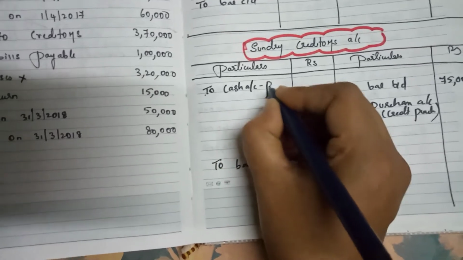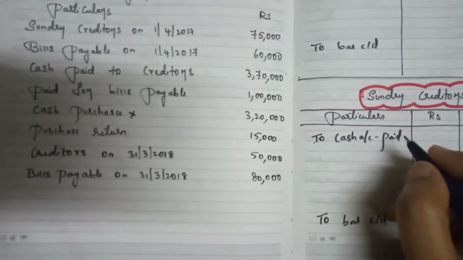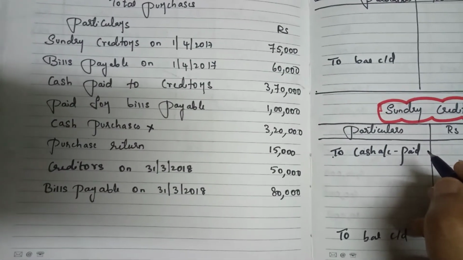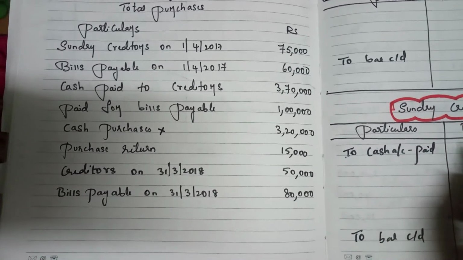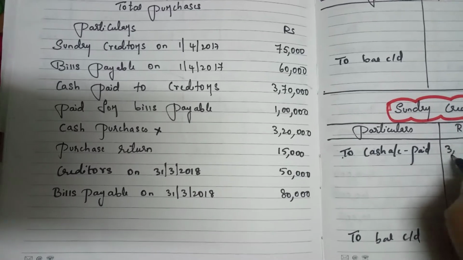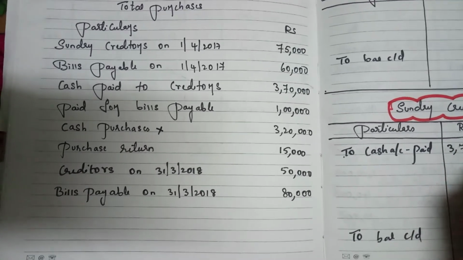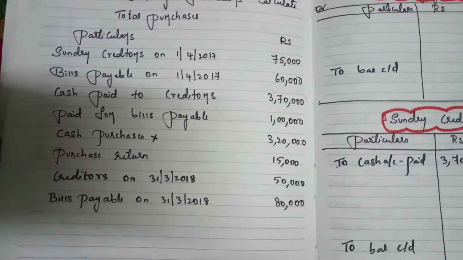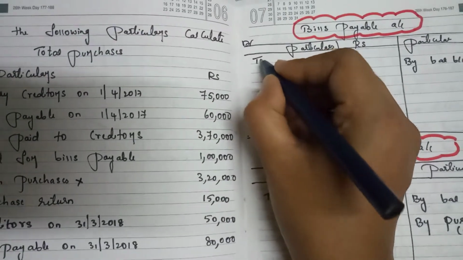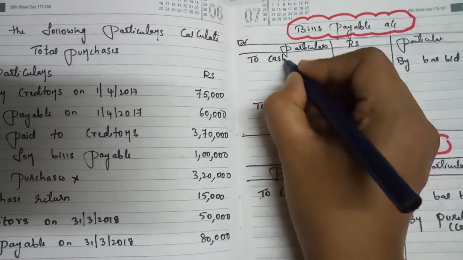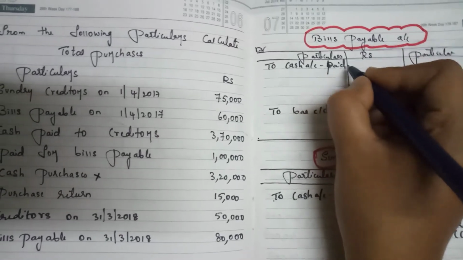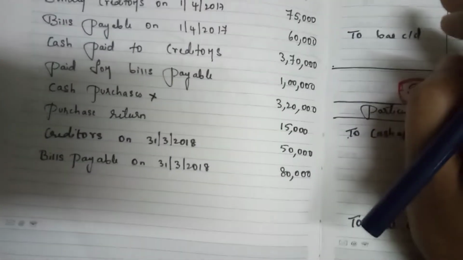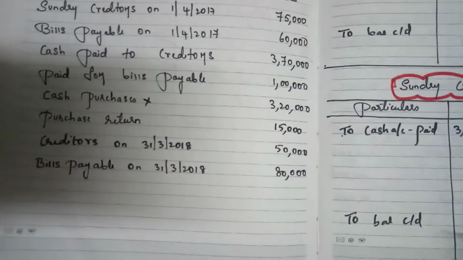You are paying. What is the amount? 3,70,000. Paid for bills payable. You are paying for bills, to cash account, bills paid. How much are you paying in cash? 1 lakh.